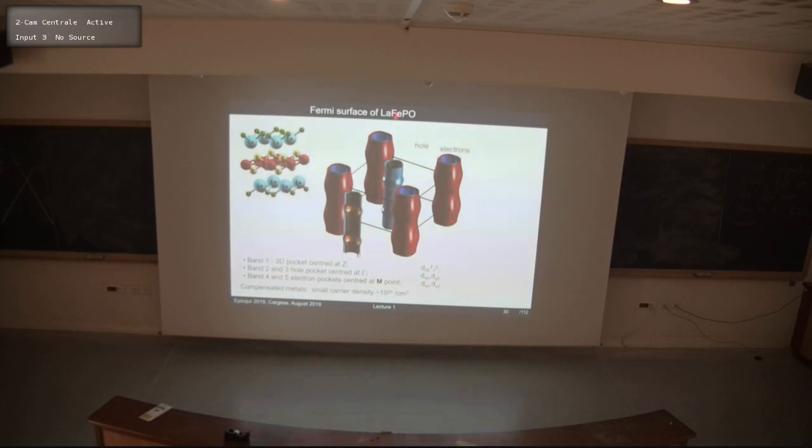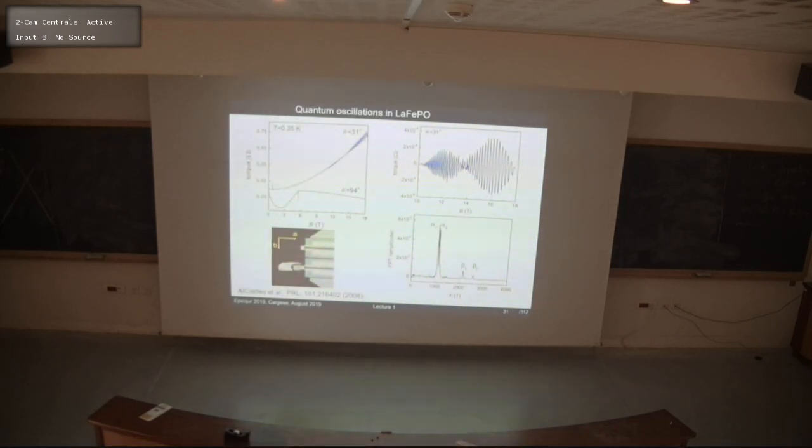It's in the form of concentric electron-like sheets at the corner of the Brillouin zone and hole-like bands in the center of the Brillouin zone. And as I mentioned earlier, in this material, these are semi-metals with relatively small carrier densities of about 10 to the 20 per centimeter cubed.